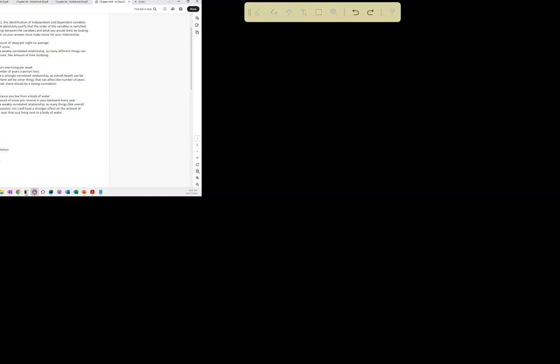All right, so it says make a scatter plot. And then it talks about your R value. Okay, so let's do that. I'm going to change this to be L5 and L6.